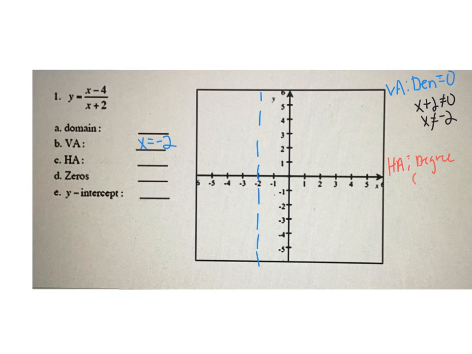So because the degree is the same, we look at the coefficients. So this is a 1, so our horizontal asymptote is at y equals 1. That is the horizontal line that the graph is never going to cross.